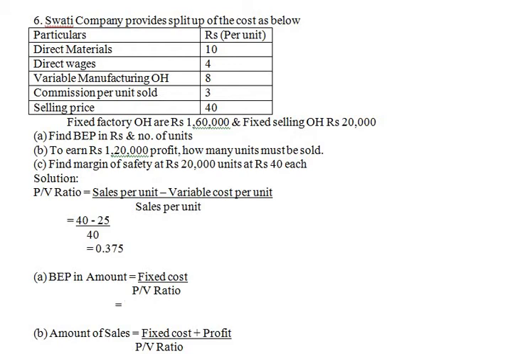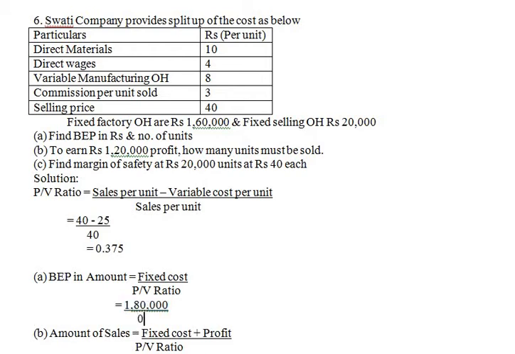Now formula is what? Fixed cost divided by PV ratio. Now fixed cost is being given in the problem. Now see here, fixed factory overheads are rupees 1,60,000 and fixed selling overheads are rupees 20,000. So add this, that will be 1,80,000. 1,80,000 then divided by PV ratio.